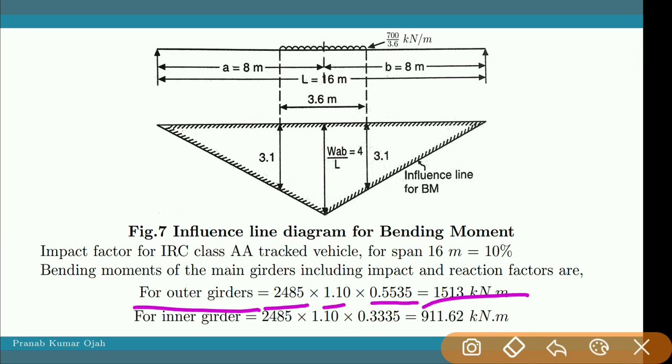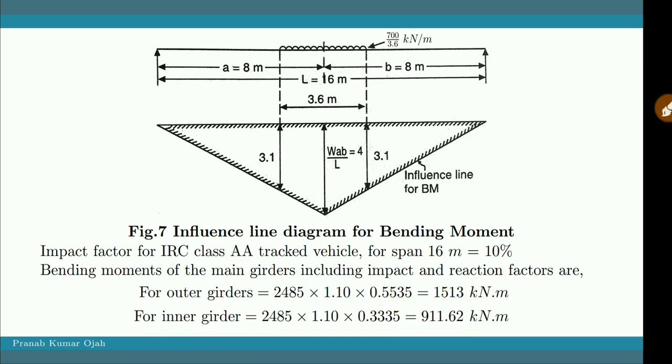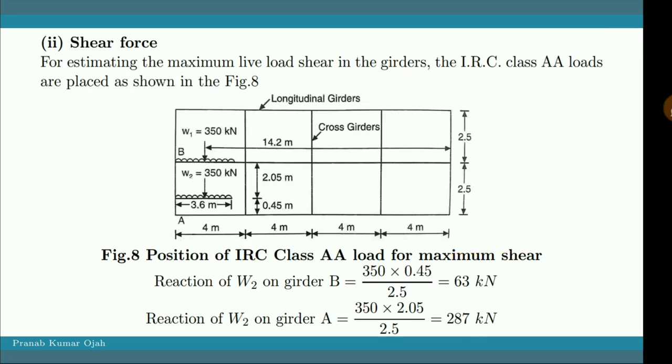Then for the inner girder, it comes out as 911.62 kilonewton meter. So these are the bending moments for the outer girder as well as the inner girder.